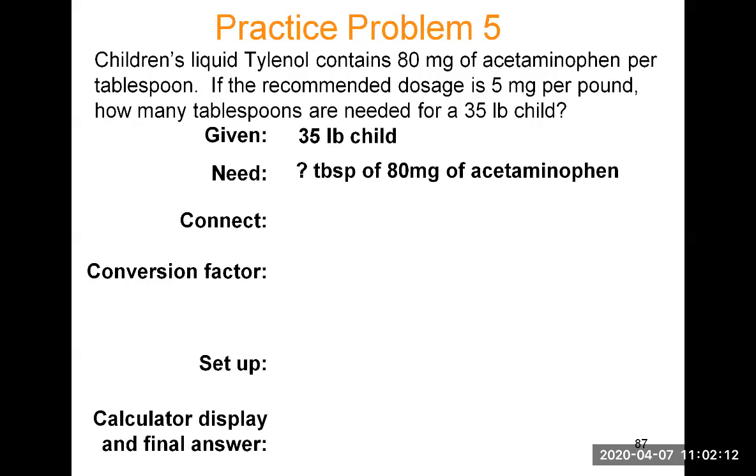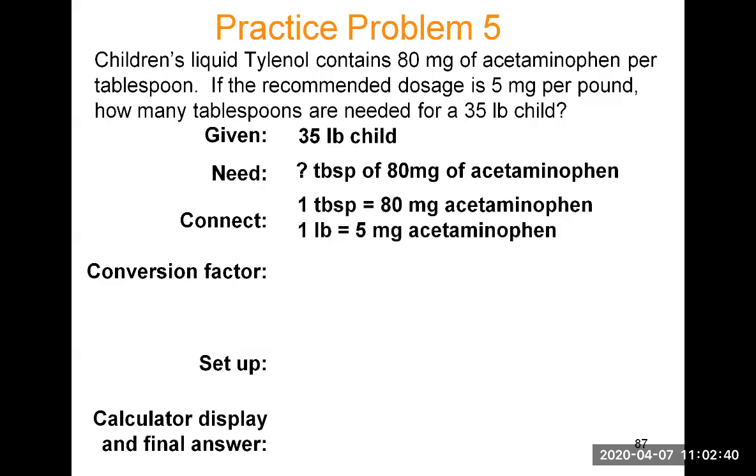So to connect pounds of child to tablespoons of Tylenol, we have 80 milligrams of acetaminophen per tablespoon. That's going to be one of the conversion factors. And as I said earlier, the 5 milligrams per pound is going to be another one. In this type of problem, you don't need to look for conversion factors in the tables.